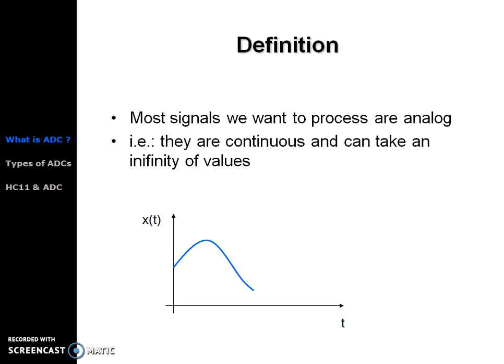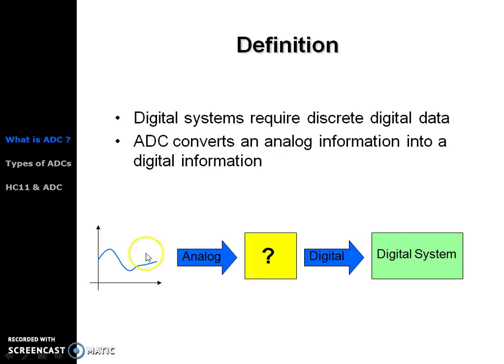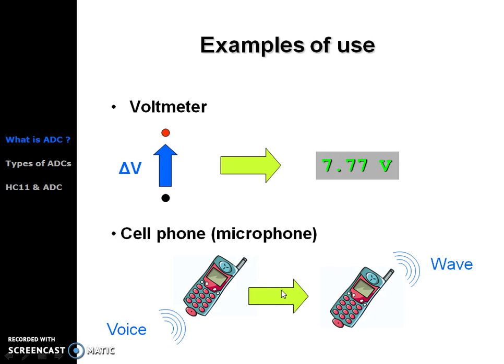Available signals are analog, represented with x of t, which are continuous. Such signals have to be interfaced to a digital system. So an interface which converts the analog signal into a digital signal is needed. That is the analog to digital converter.